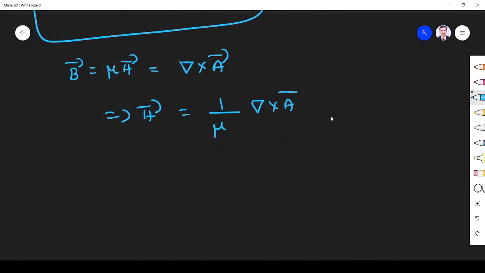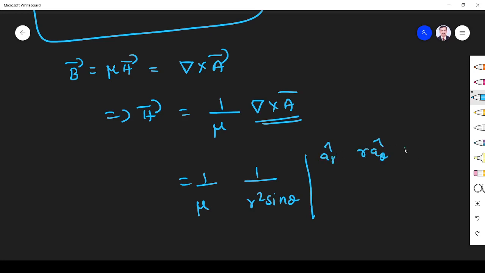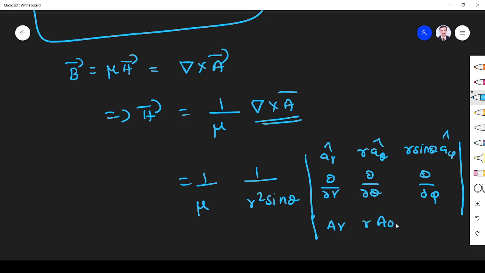Okay, so from that, what is del cross A in the spherical coordinate system? It is given by 1 by r squared sin theta, with the determinant having dou by dou r, dou by dou theta, dou by dou phi, and then AR, r A theta, and r sin theta A phi.